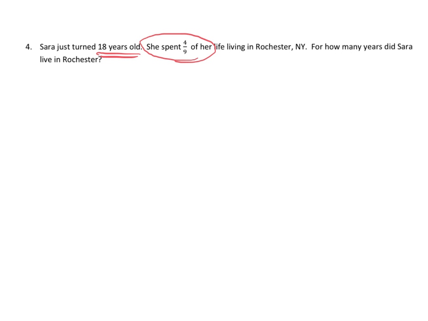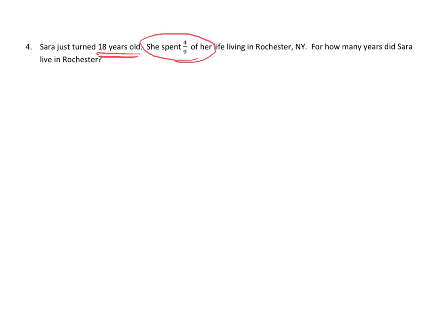So now we can see that each column represents a 9th because we have 9 columns total. So if we want to know 4/9 of her life, well, that's going to be 4 of those. 1, 2, 3, 4 right here. 4/9, and we can just count.